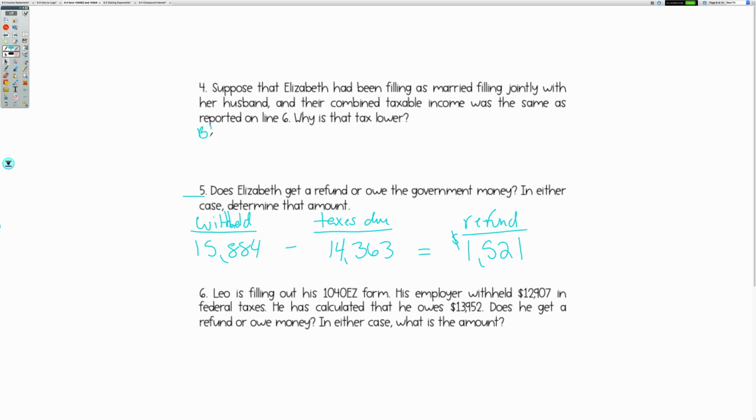Let's do: because that's two taxpayers for one income, that same one income. Because instead of one person making 74,000, it's two people only making 74,000, so they don't have to pay as much as one person making 74,000.